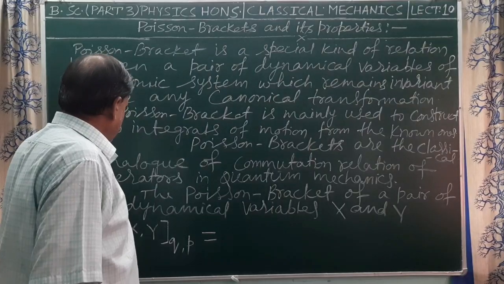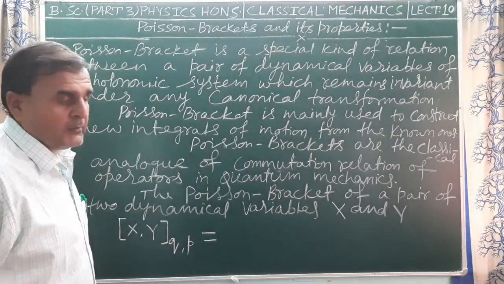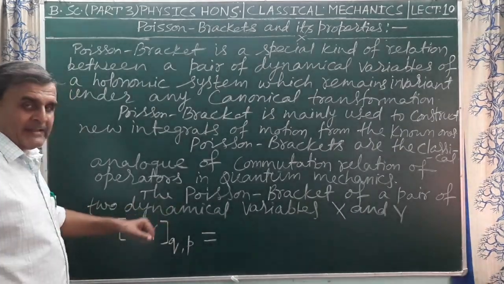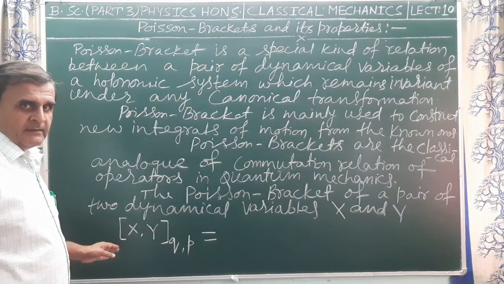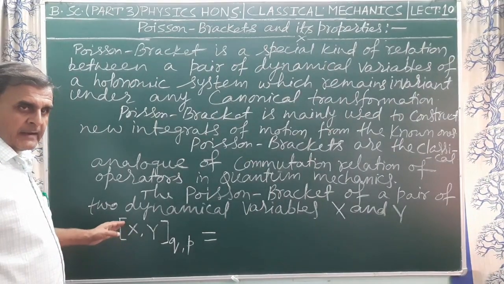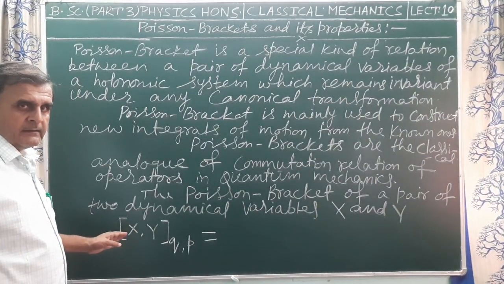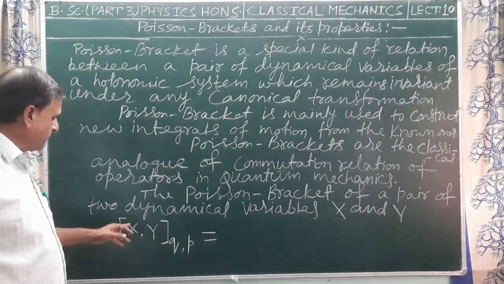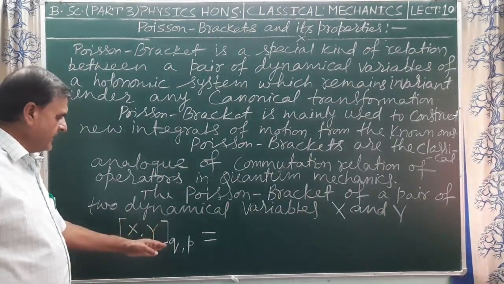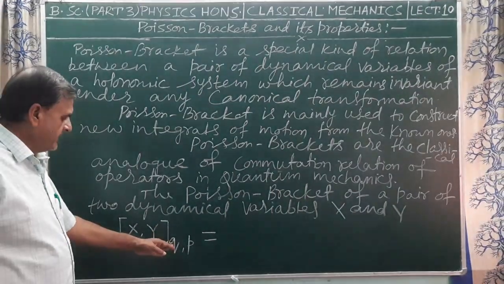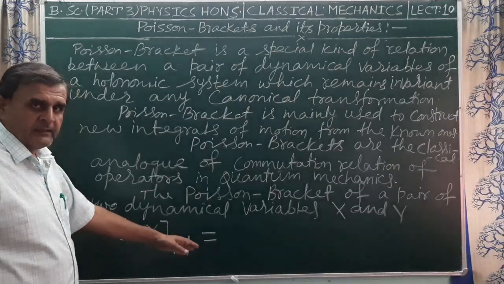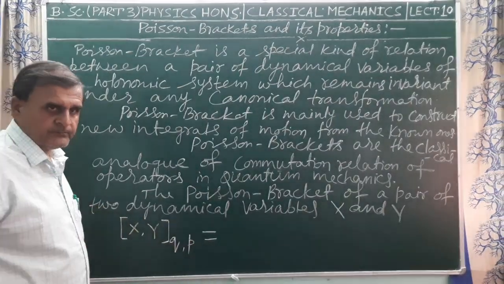So Poisson bracket of two dynamical variables capital X and capital Y is denoted by the symbol under the square bracket capital X comma capital Y, bracket closed, in suffix q, which is the position coordinate, comma p, which is momentum.